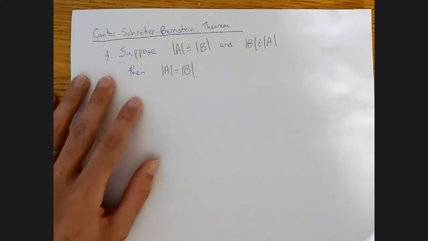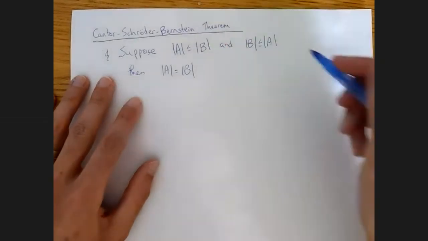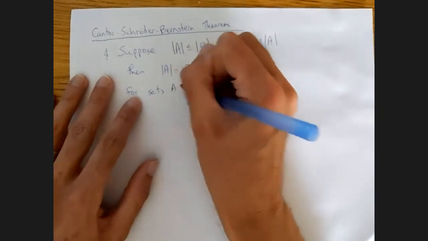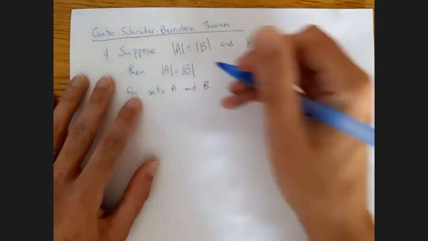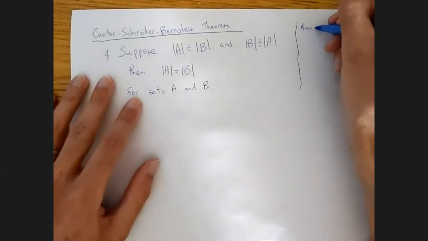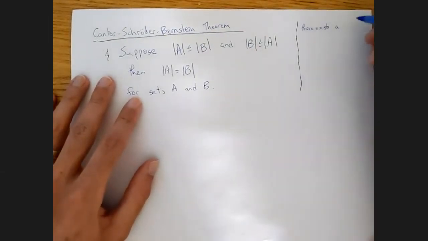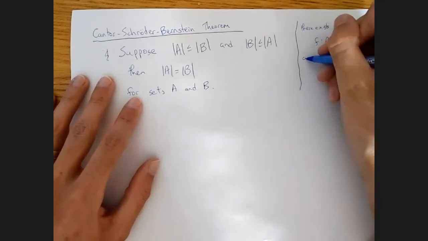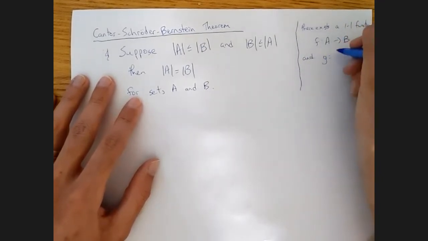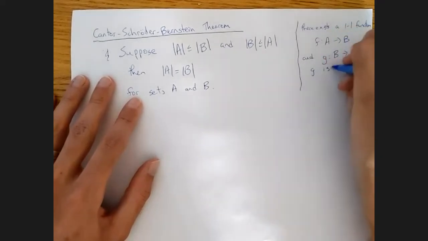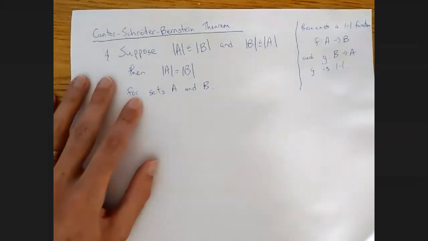For this to make any sense, we need to remember what these symbols mean, and this is for sets A and B. This means that there exists a one-to-one function f going from A to B, and also g going from B to A. G is one-to-one. That's what our hypothesis says.